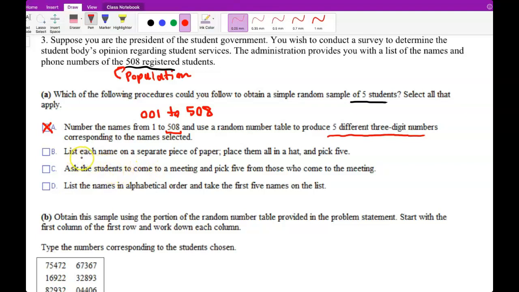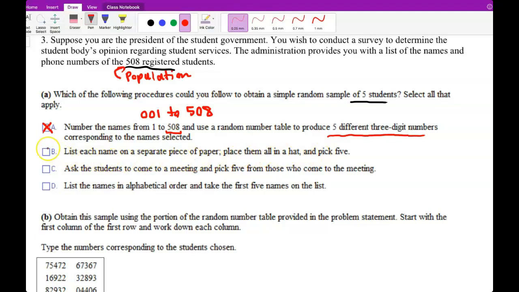Now part B, list each name on a separate piece of paper. Okay, so writing their names on a separate piece of paper, place them all in a hat and pick 5. Since we're picking 5, we're not able to save names because those are in the hat. That means that they have the same chance of being selected.